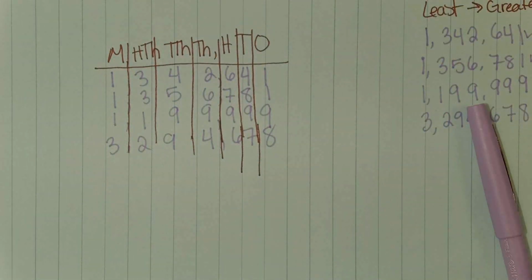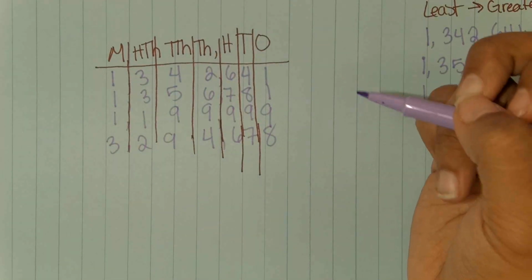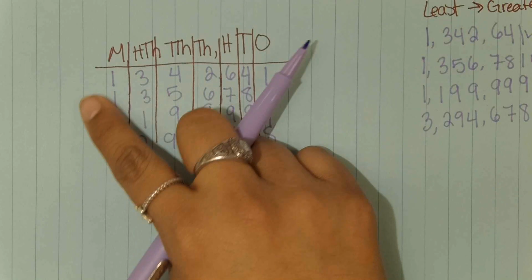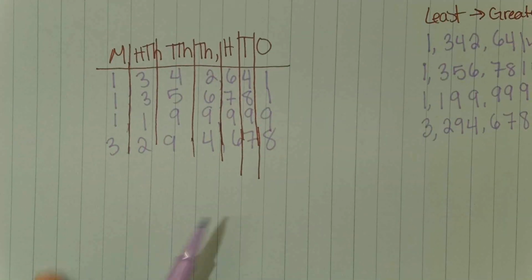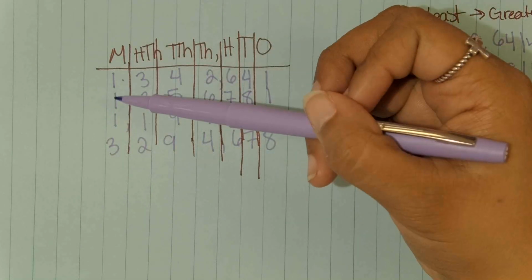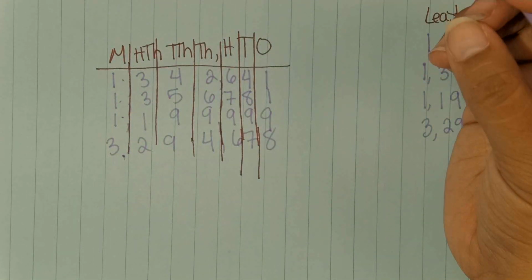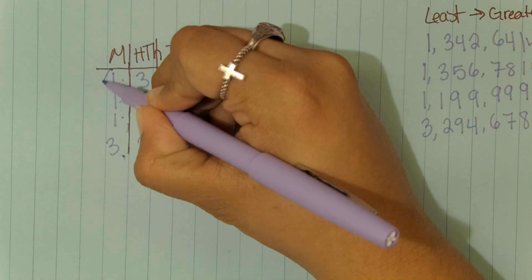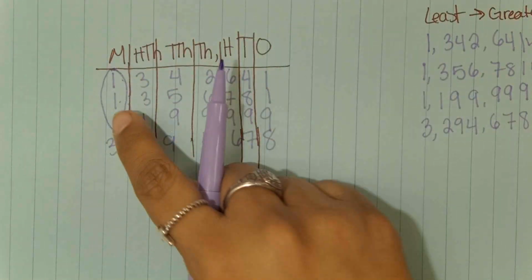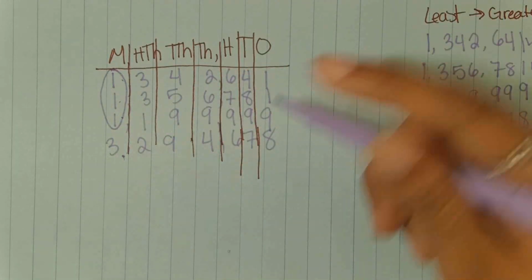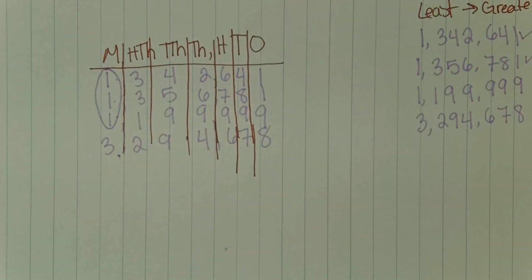Okay. So now we're going to start comparing them, and I'm going to look at the highest place value. My highest place value is in the millions, but I'm going to look for my least amount. So I'm looking at 1, 1, 1, and 3. Of these, which one is my smallest amount? That's right, it's my ones. So right now I'm only going to focus on my first 3 sections and disregard my last section.